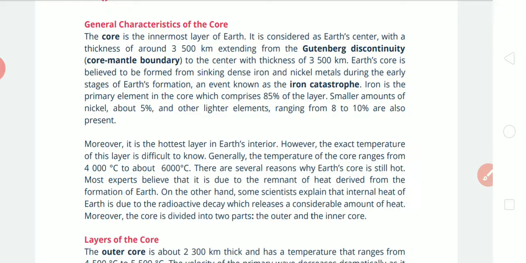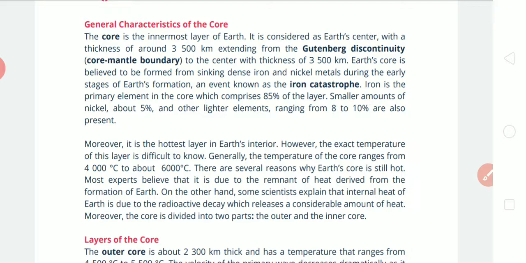On the other hand, some scientists explain that the internal heat inside the core of the Earth is due to radioactive decay, which releases a considerable amount of heat, since there are also radioactive elements present in the core.